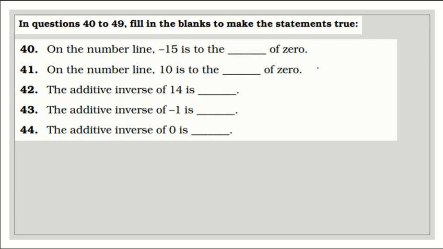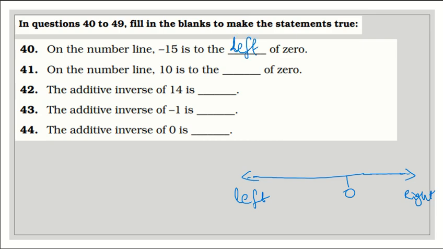So on the number line, when minus 15 is compared to 0, it will stay on the left side. So we need to say which side of 0, and similarly here, so it is left side.